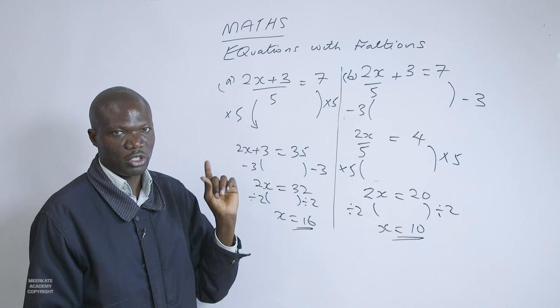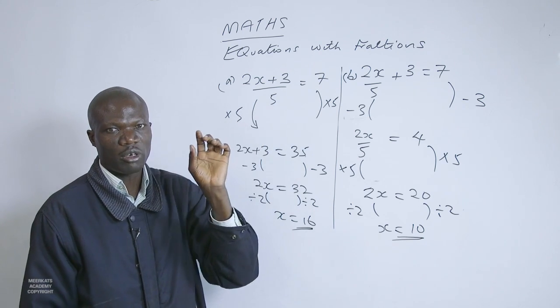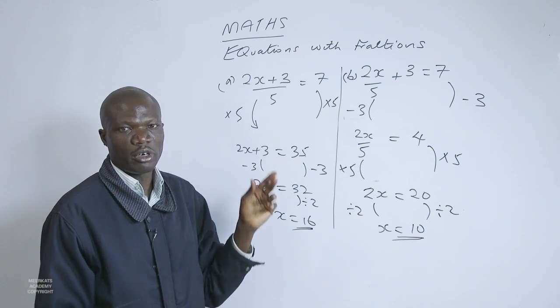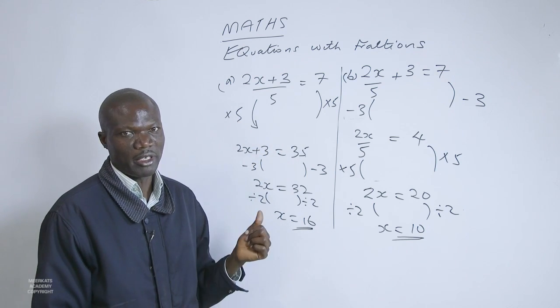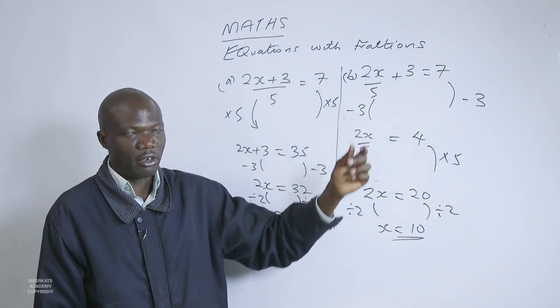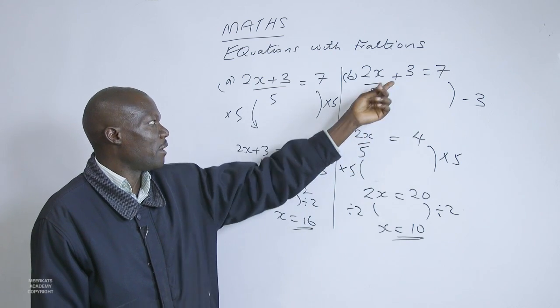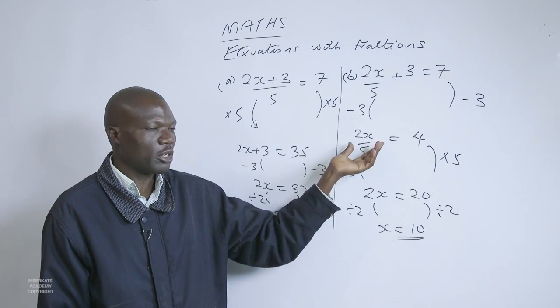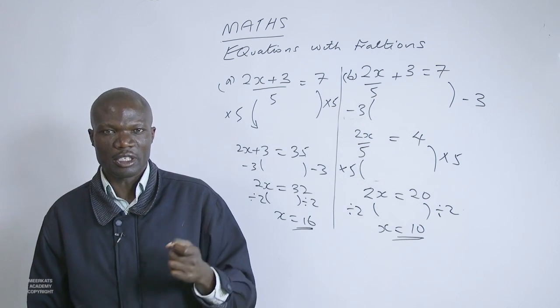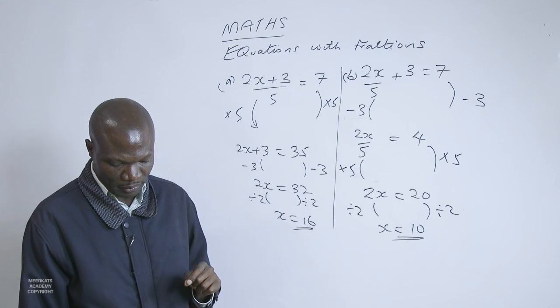The approach, which is very important, is that if the whole of it forms one fraction, we go straight to multiplying by the denominator. But where we have a fraction and a whole number, we first eliminate the whole number by subtracting, and then we come up to another expression where we move ahead to eliminate the denominator.